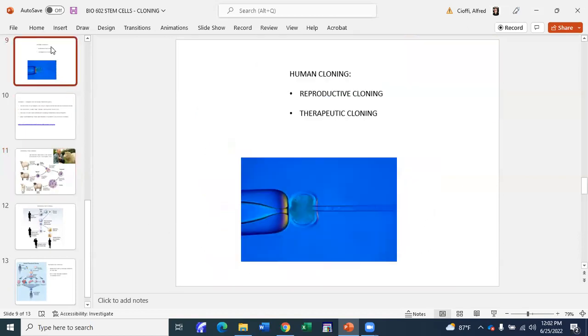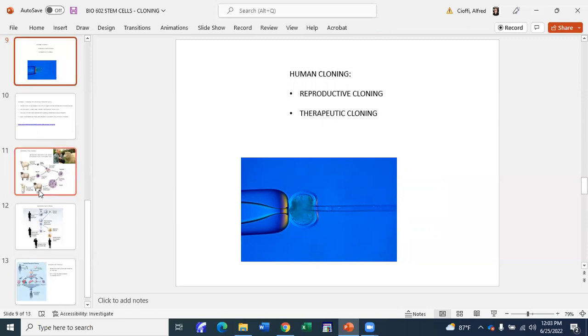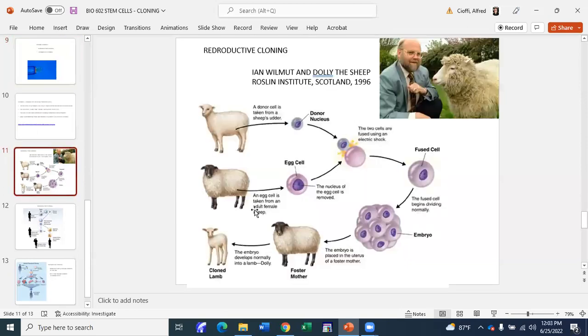But now the idea was to use human cloning for therapeutic purposes. In other words, to generate zygotes or to regenerate blastocysts, more specifically ICMs that were human, and imagine the potential for healing. Hypothetically, the somatic cell could come from the patient who is ill.